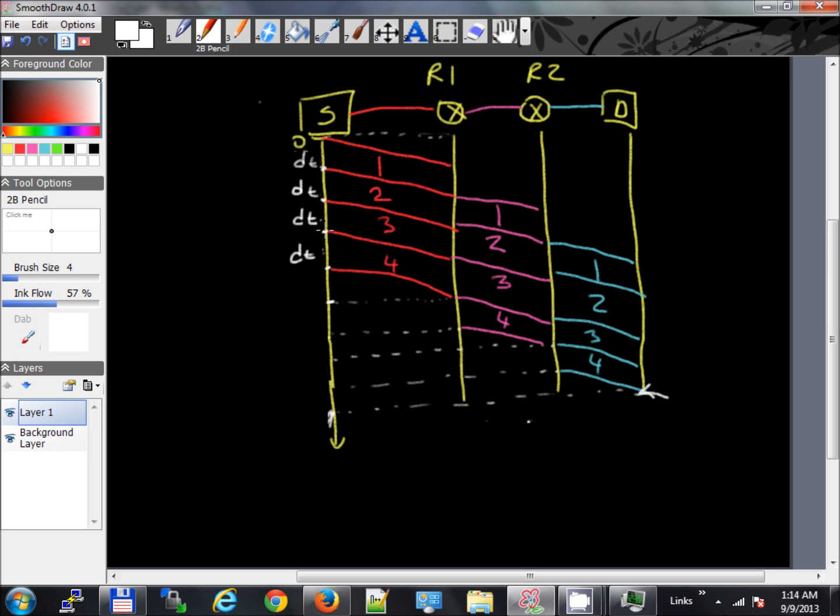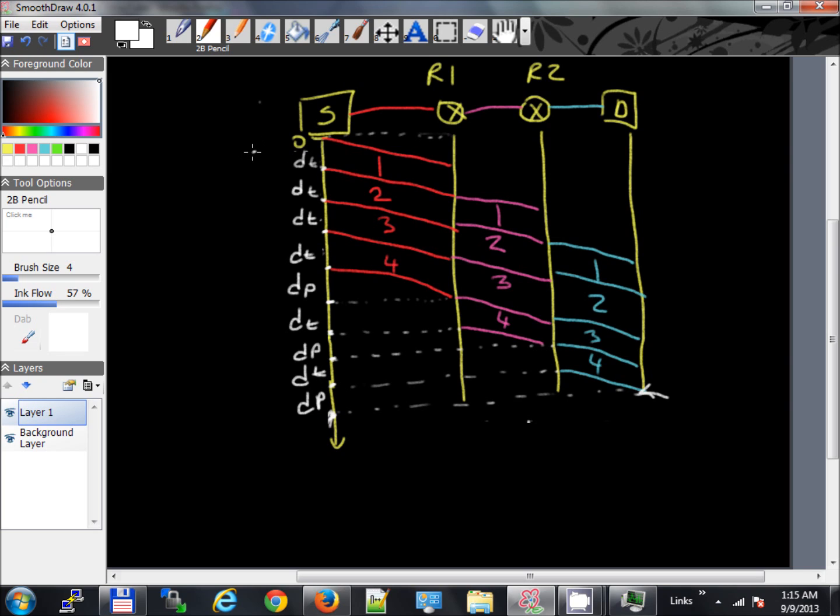Then transmission delay from this point to that point. And then propagation delay from this point to that point. And another transmission delay from here to there. And then propagation delay from this point to that point. And then another transmission delay from this point to that point. And the propagation delay, the final one, is from this point to that point.